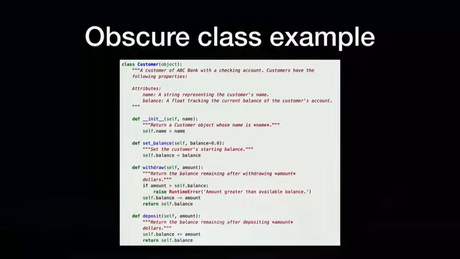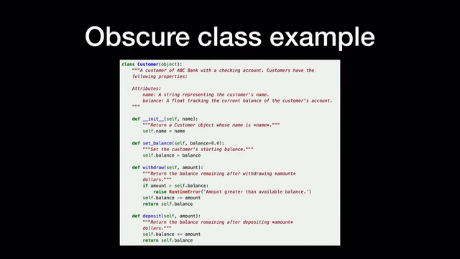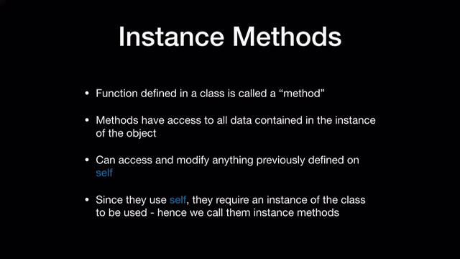Okay. So now we're going to go through the two different types of methods that you can define inside of a class. All of the methods we've been seeing so far are called instance methods because they have the self parameter as an argument. Instance methods are useful because they have access to all of the data contained in the instance of the object.